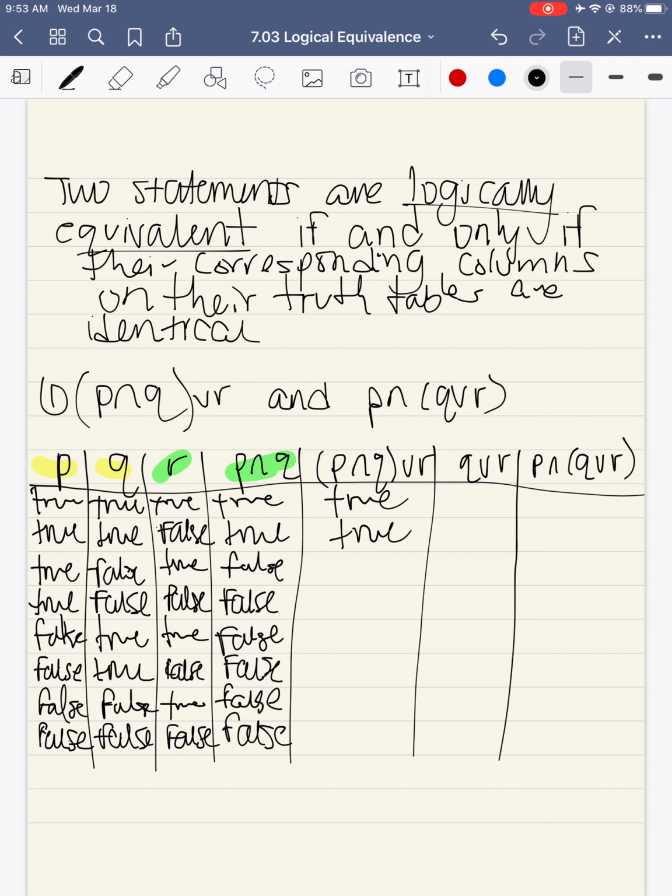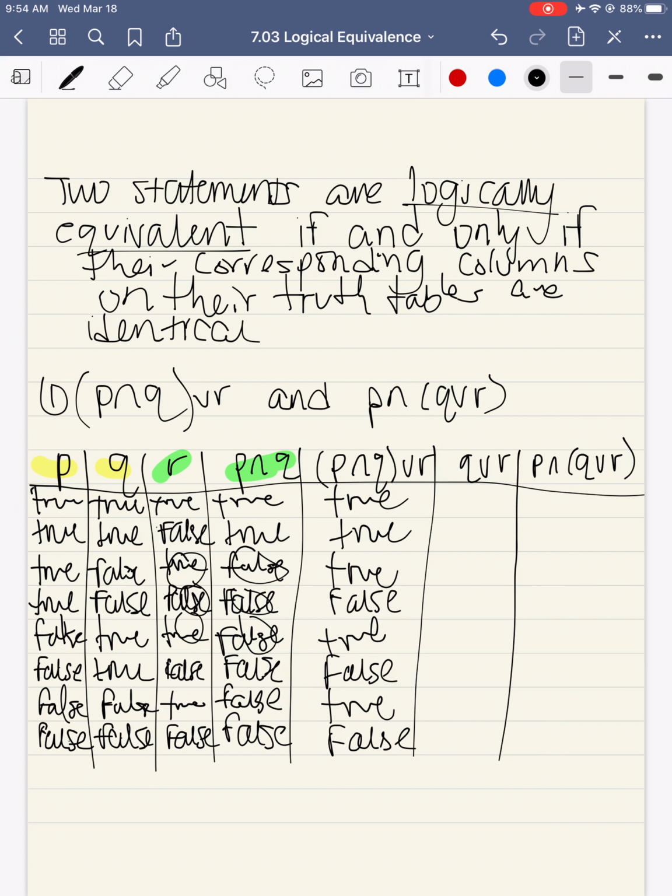I guess I should be saying it the other way since we have this statement first and then this statement. So false or true is true. False or false is false. False or true is true. False or false is false. False or true is true. And false or false is false.